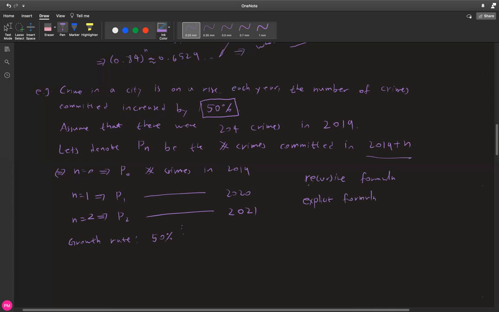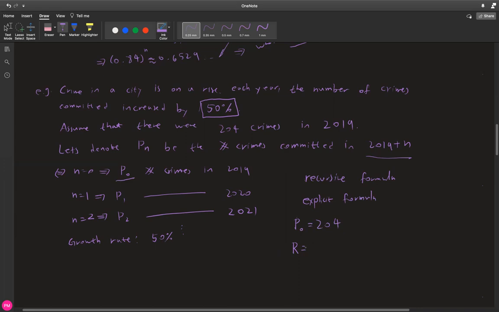In order to find the recursive formula or explicit formula, you need to know first the initial population. In this case, we know that in 2019, there were 204 crimes. So we know that P sub 0, the initial population, is 204. And the second piece that we need to find this formula is the common ratio. So how do you find the common ratio?